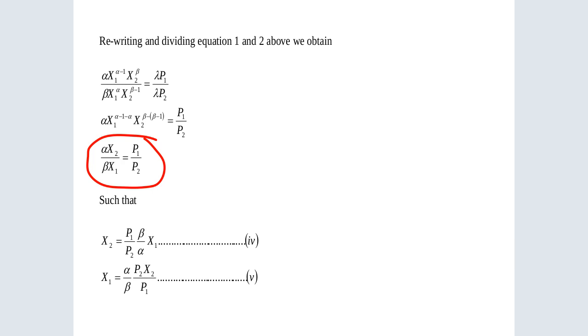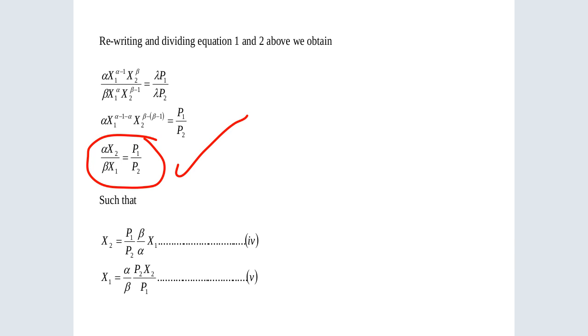Now from here, you need to make x1 the subject and also make x2 the subject. This is critical to note from this point. So once you have done that, make x1 and x2 the subject, one at a time.